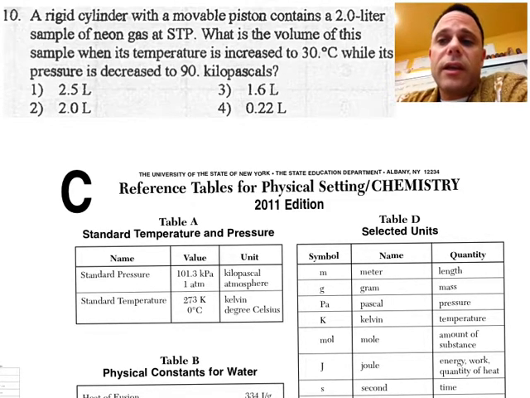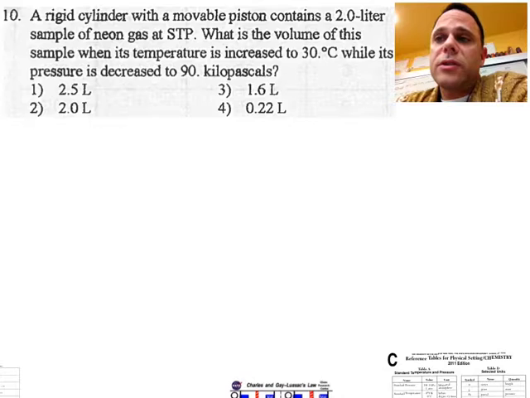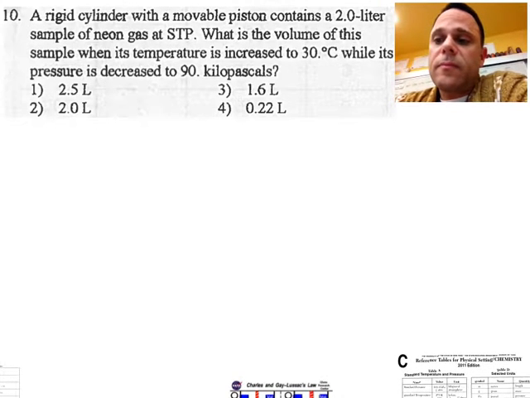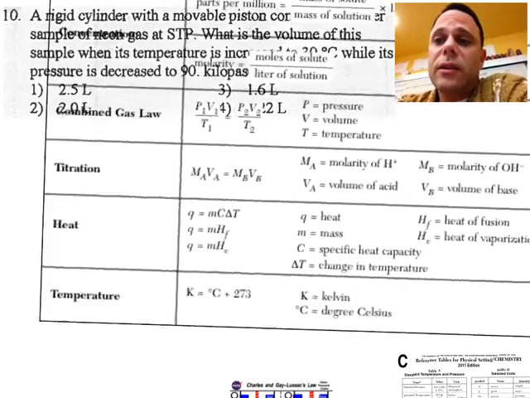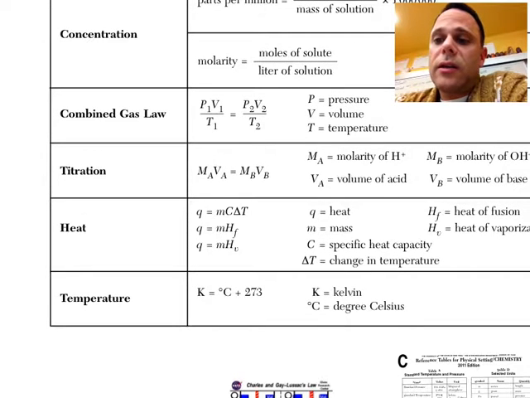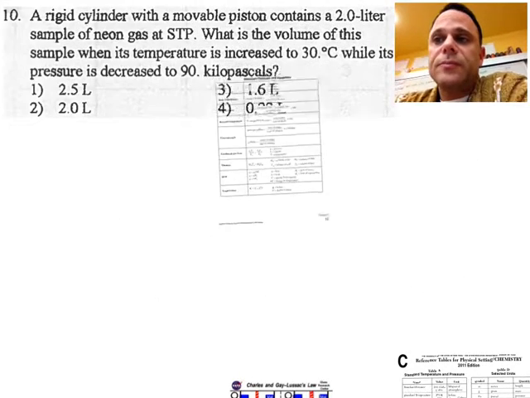And given that our question says 30 degrees Celsius, we are actually going to have to roll back to this one once again and look at this. We are going to have to convert those Celsius into Kelvin. So let's do this.